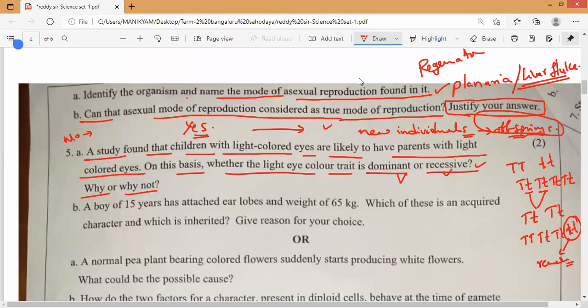If you notice, we cannot say it because both parents may have light colored eyes, or maybe only one parent has light colored eyes. They are not saying anything clearly. So we cannot say with certainty whether light eye color is a dominant or recessive trait, because either both parents have it or a single parent has it, and which parent has it is also not mentioned clearly.